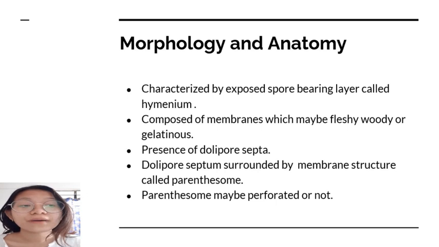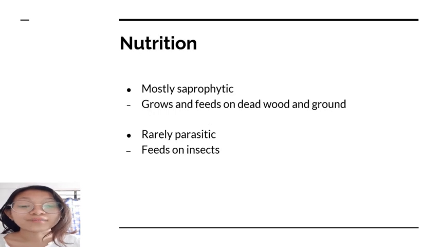They are composed of membranes which may be fleshy, woody, or gelatinous, and they have a dolipore septum which is surrounded by a membrane structure called the parenthesome. They are mostly saprophytic, feeding on dead wood, and rarely parasitic, feeding on insects.